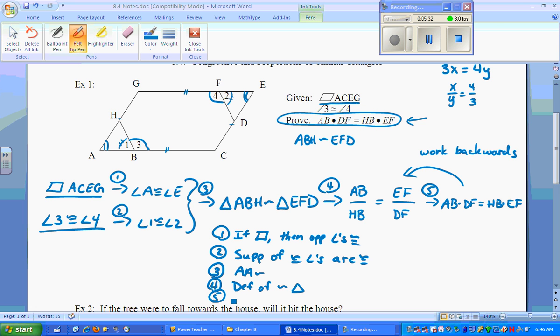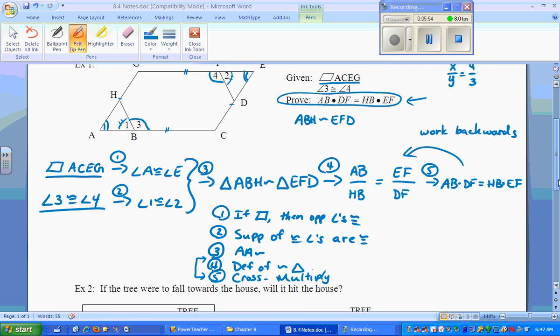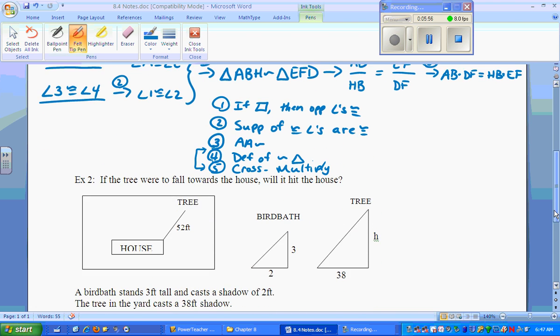And 5, we're going to finish with the cross multiply. All right. So instead of like CPCTC, what we have is these two are going to come together, and they're going to come after your angle similarity, or your side similarity, or your side angle similarity. Hopefully that makes sense. It's just a little extension from what you did, but you're still going to have to prove the triangles by that.